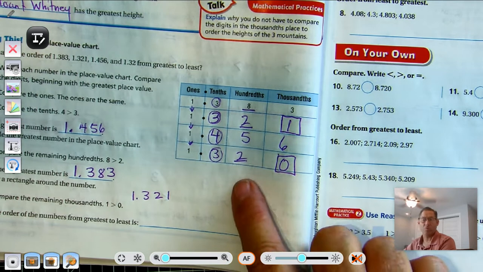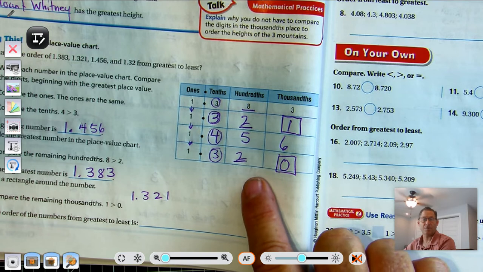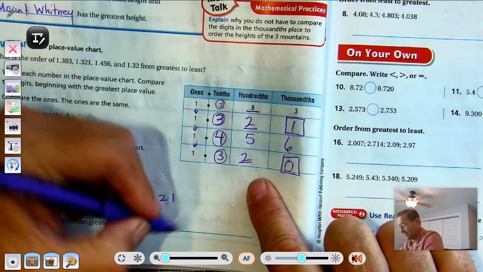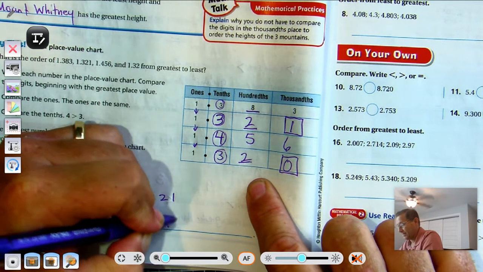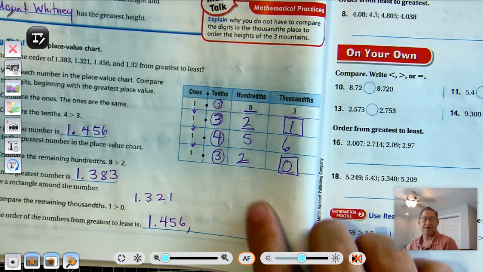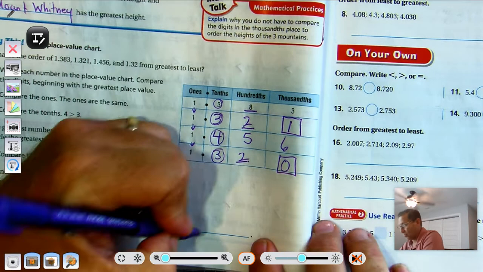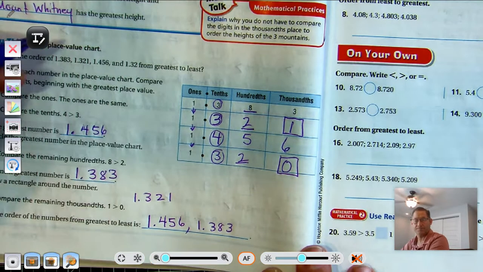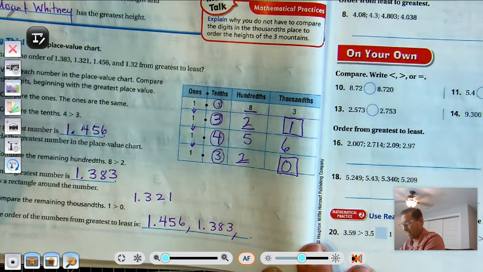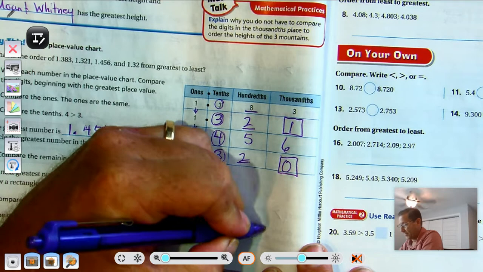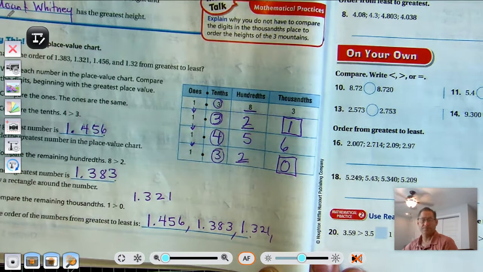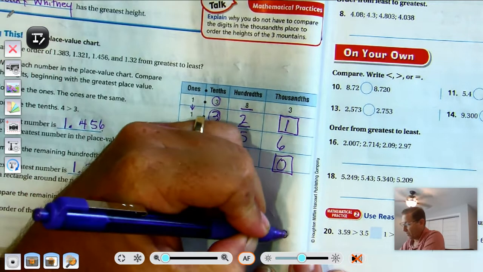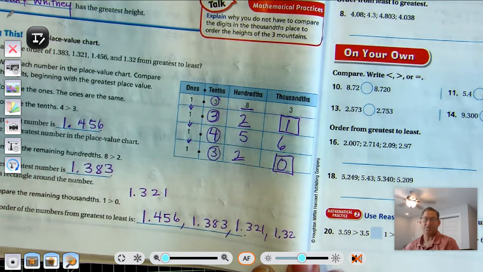The smallest is 1.32. All right, so the order of these numbers from greatest to least: 1 and 456 thousandths, 1 and 383 thousandths, 1 and 321 thousandths, followed by 1 and 32 hundredths.